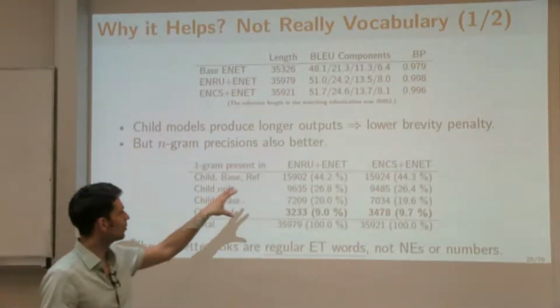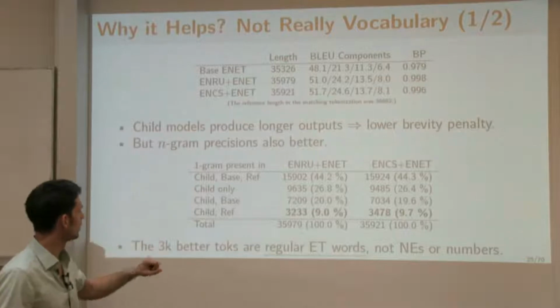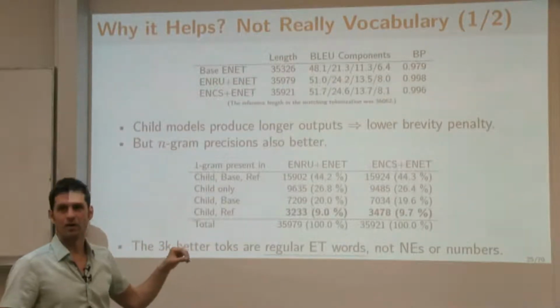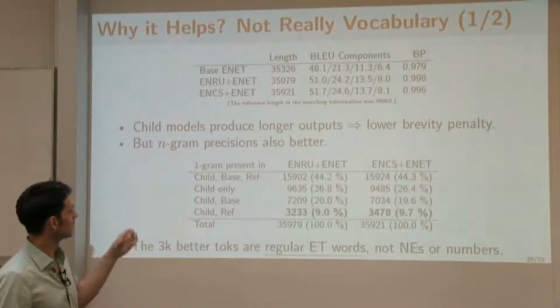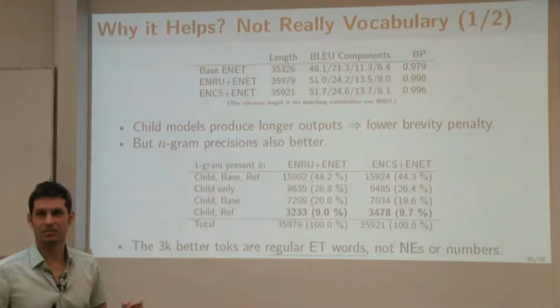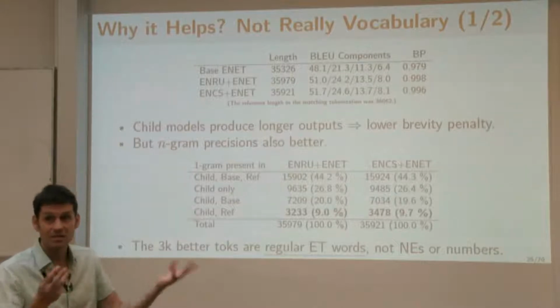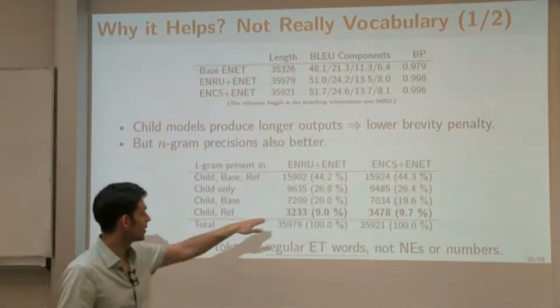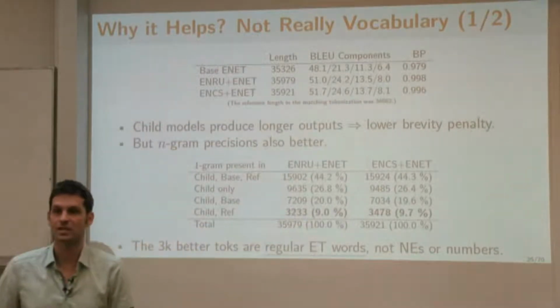And then when we looked at these words, we saw that in the setup where the child learned some new words that the parent previously didn't have and the baseline model didn't have, there was about 10% of such tokens in the output.